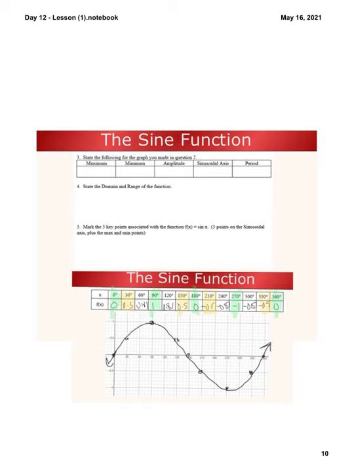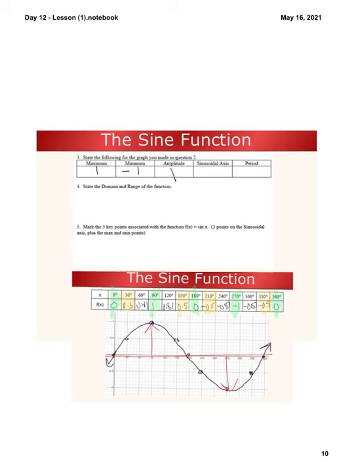So anytime we're graphing sine, that's going to be a key point. The amplitude, so remember the amplitude is from our middle line up to the maximum, or from that middle line down to the minimum. It will be the same no matter which one we look at. And so in this case, our amplitude is 1.